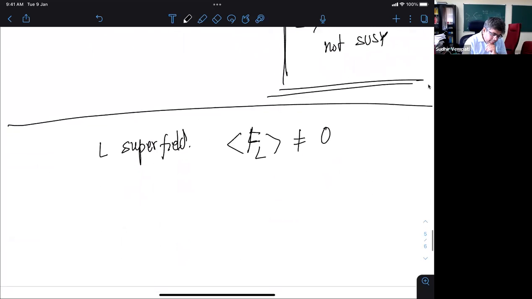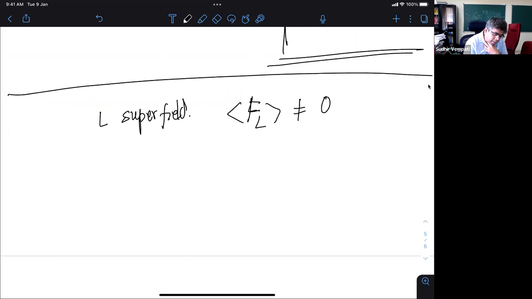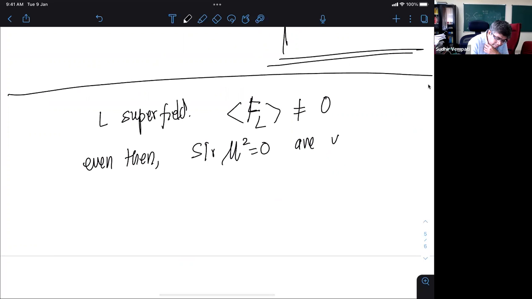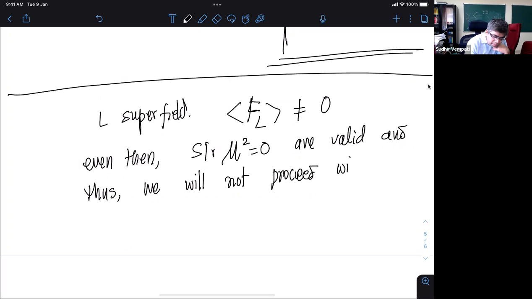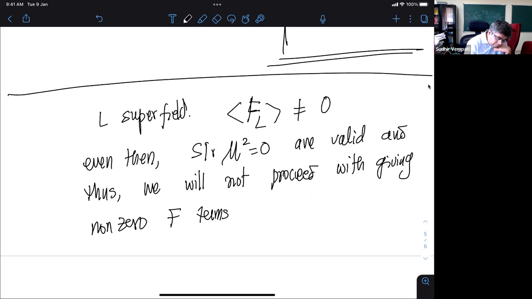So if I give the L superfield F-type a non-zero vacuum expectation value, even then the supertrace relations are valid, and thus we will not proceed with giving non-zero F terms, F-VEVs, to matter superfields.